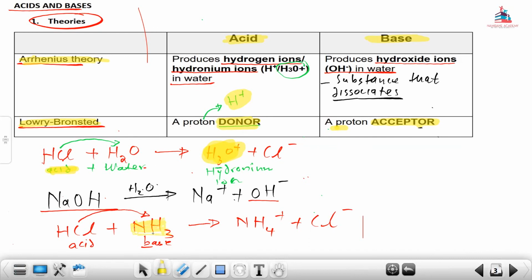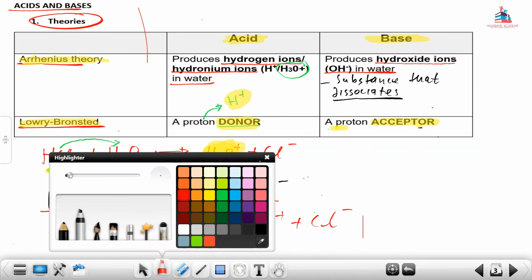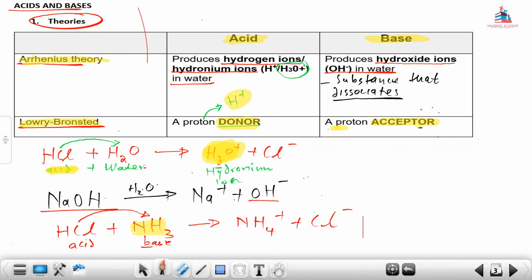So if a substance accepts a proton, it makes that substance become a base. Once we have a situation where an acid donated a proton and that proton has been accepted by a substance, that substance that has accepted a proton, we call it a base.